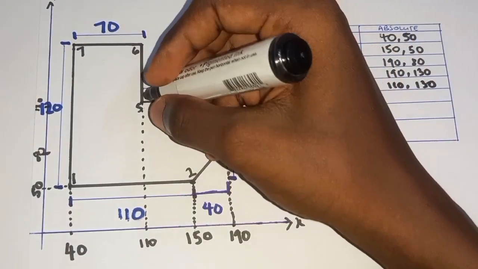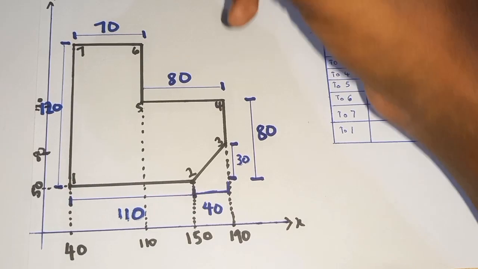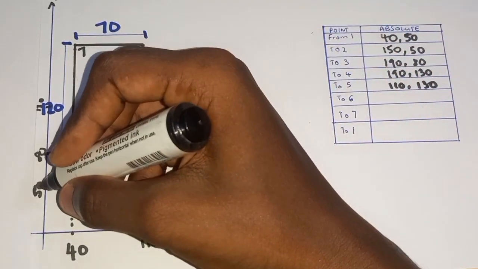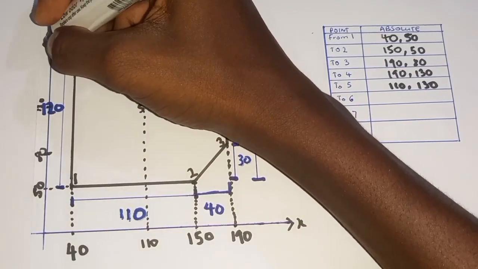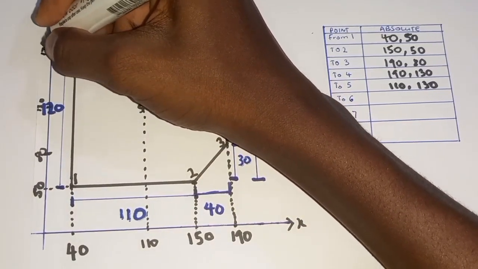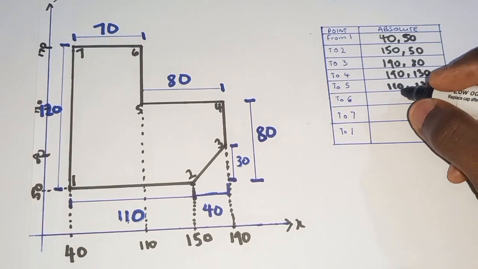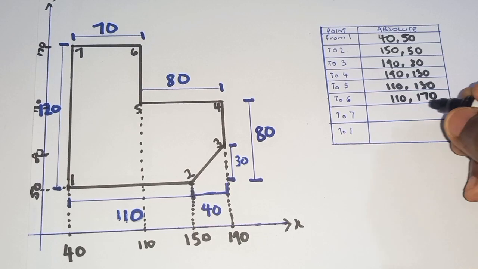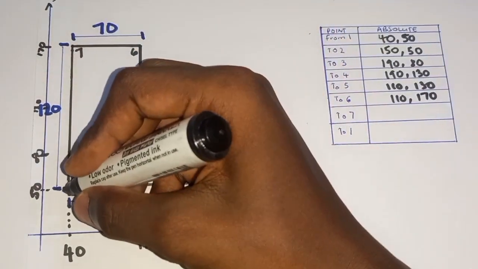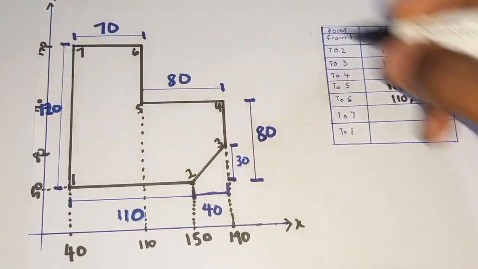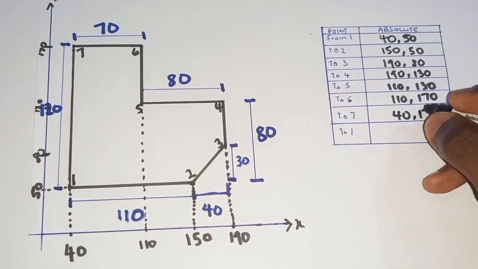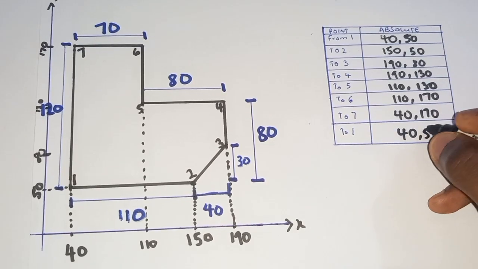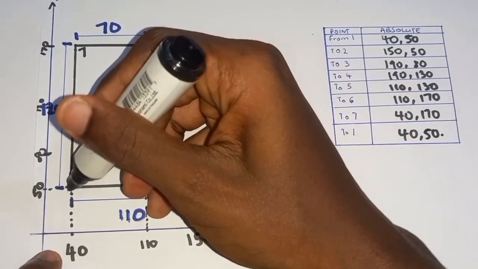For 6 is the same 110, but we increase for that of the y. And here is 50 plus 120. That is 170. So we have it to be 110, 170. And 7 is 40, 170. And the last one, that's 40, 50. This part is the origin.